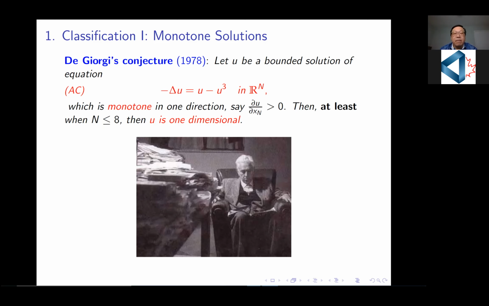The original Bernstein theorem, that minimal graphs are hyperplanes, was completely solved in the 60s by Giorgi, Fleming, and Simons, and then Bombieri and Giorgi.